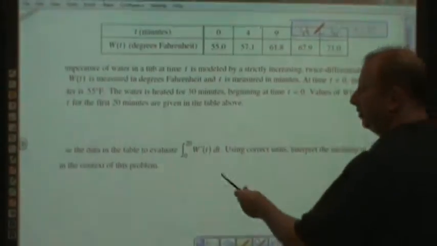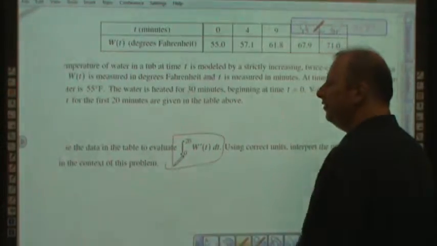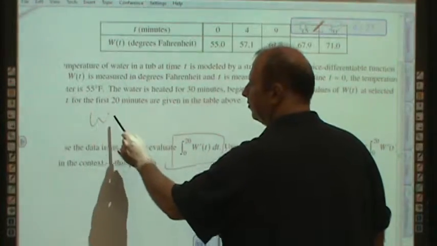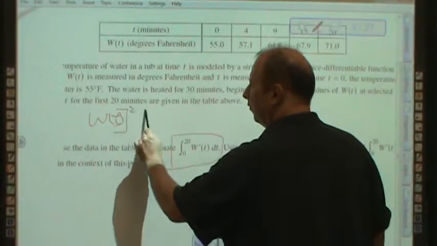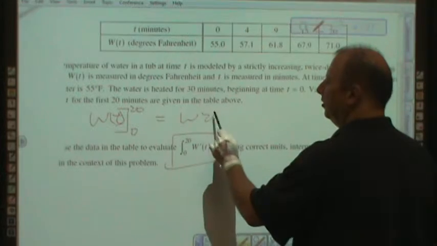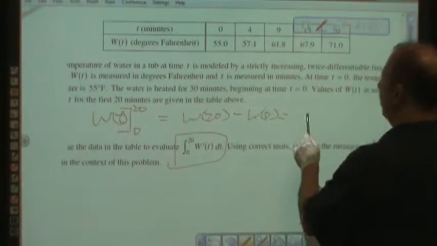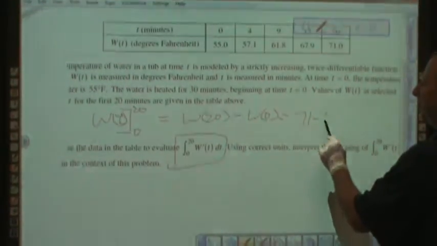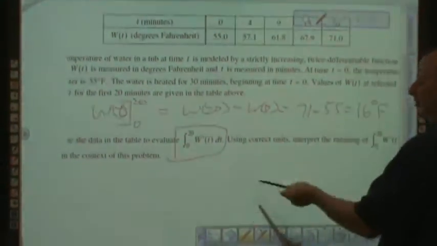Now for part B. It says evaluate the integral of the derivative. Well, the integral of the derivative gives you W of t from 0 to 20, which is W20 minus W0, which is 71 minus 55, which is 16 degrees Fahrenheit.